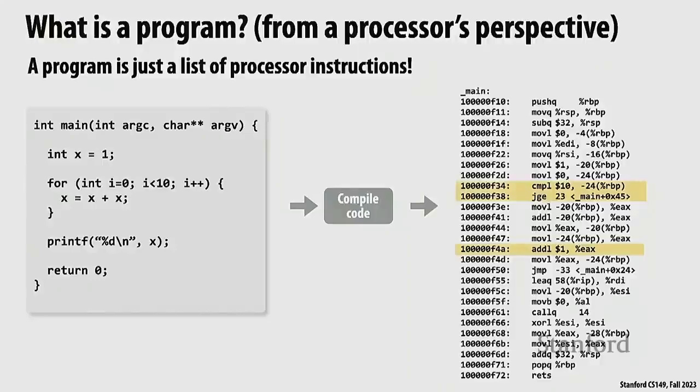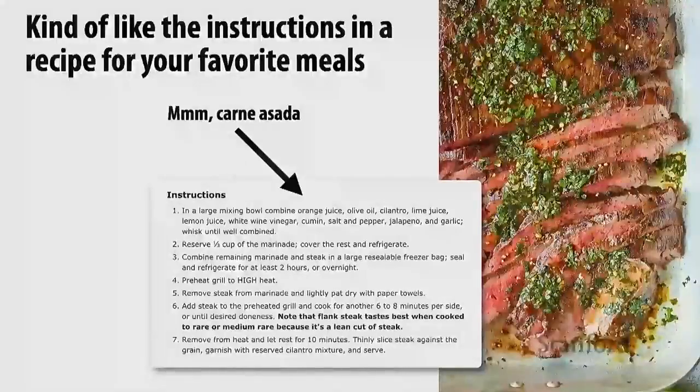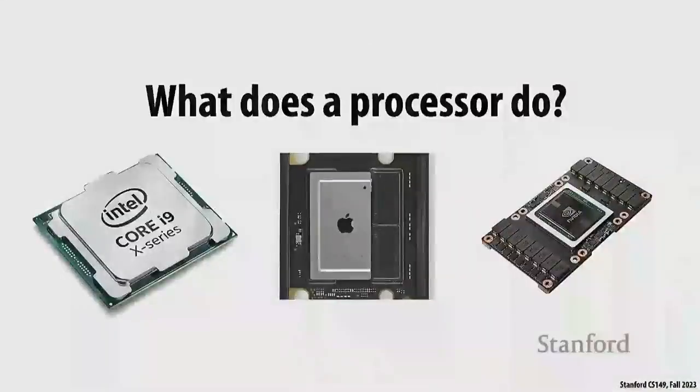But at the end of the day, all a computer does is it gets a list of commands and it executes those commands. So it's kind of like me making carne asada, which I have to make tomorrow night because I'm out for dinner. I get a list of instructions. I have a set of commands, and what do those commands do? Or maybe another way to ask this question is, what does a processor do? So I'll throw it back at you, talk it over for a second.